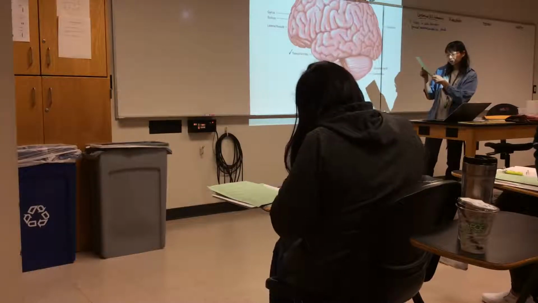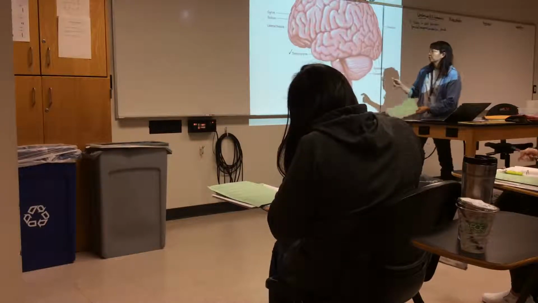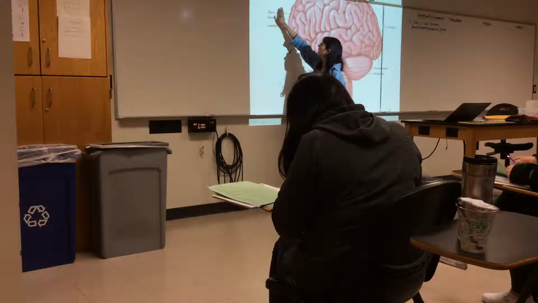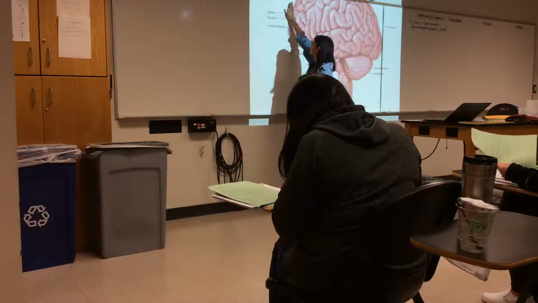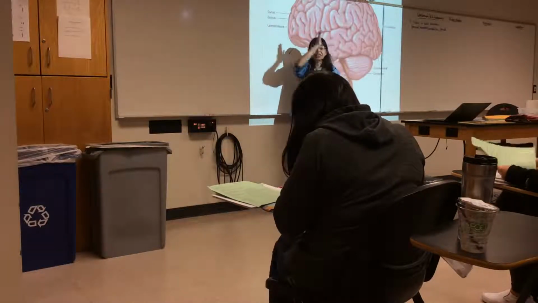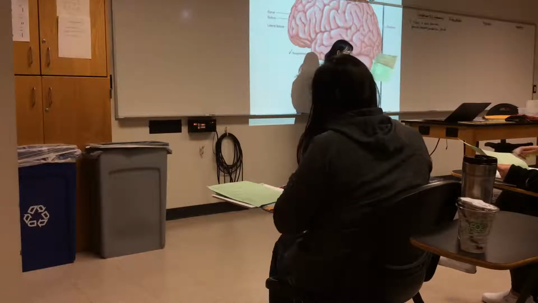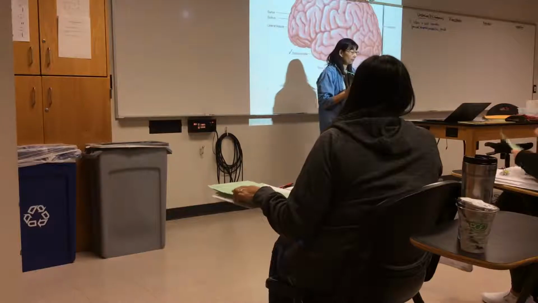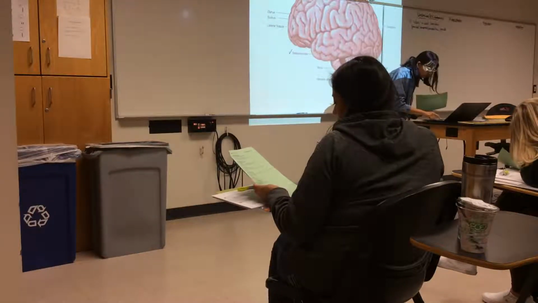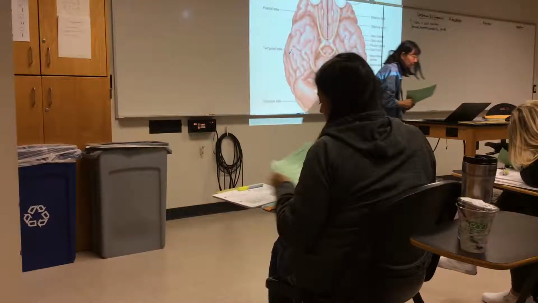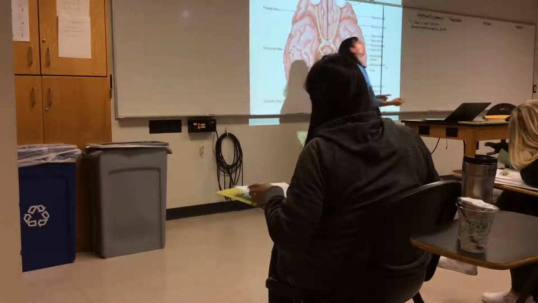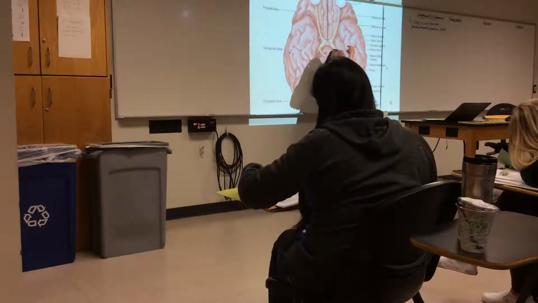The words I want you to know is, dividing the right and left halves is a very deep fissure, and that's called the great longitudinal fissure. Okay. So here in this picture, I'm looking at the brain from this view.